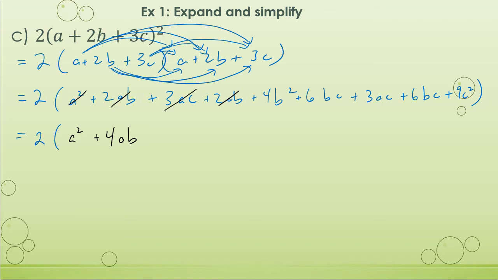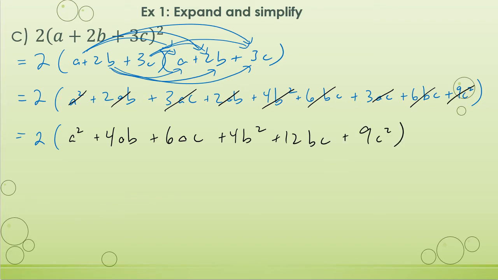AC, I have 3, and 3 gives me 6 ACs. No other b squareds. 6bc and 6bc gives me 12 bc's, and then 9c squared. So we're able to make it quite a bit smaller.